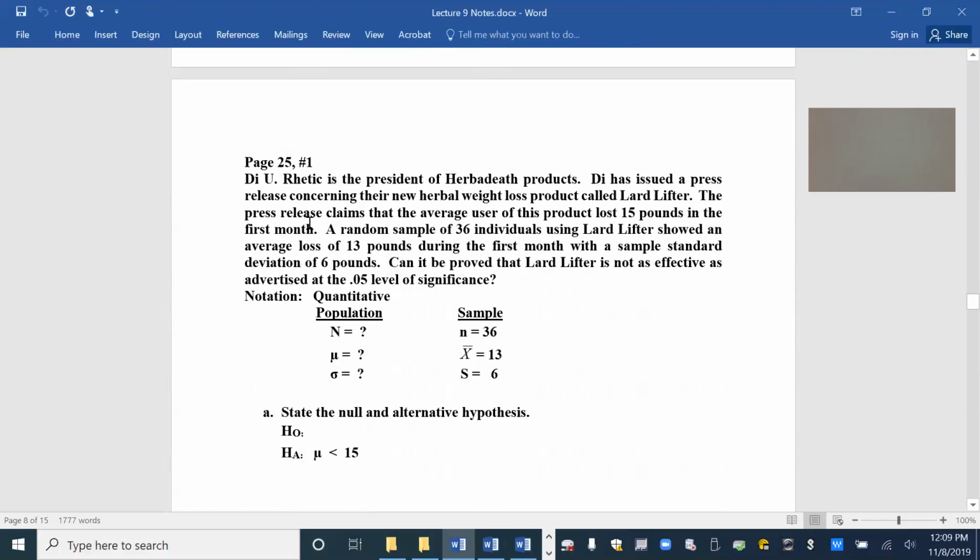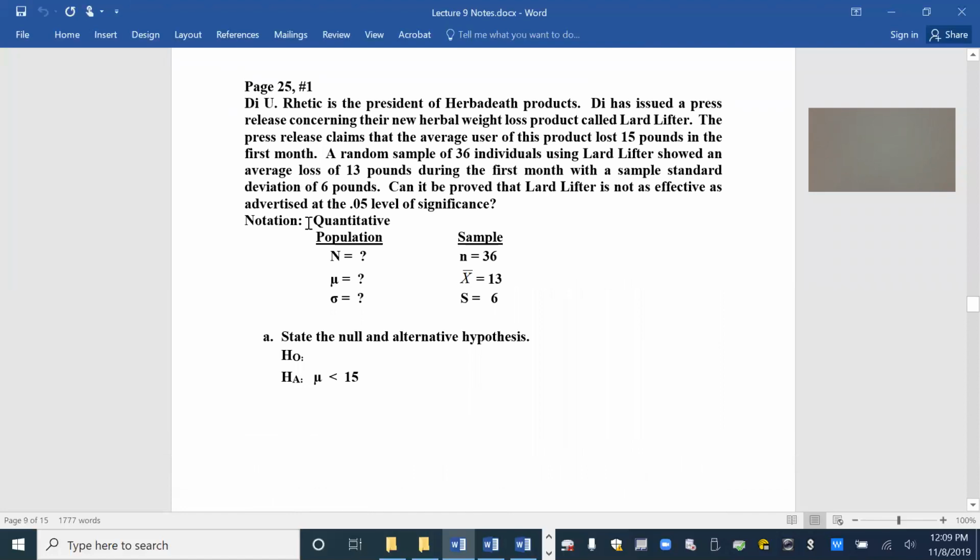As always, we start with an illustration. Page 25, number 1. Di is the president of Herbadeth Products. Di has issued a press release concerning the new herbal weight loss product called Lard Lifter. Great title, great name. The press release claims that the average user of the product lost 15 pounds in the first month.